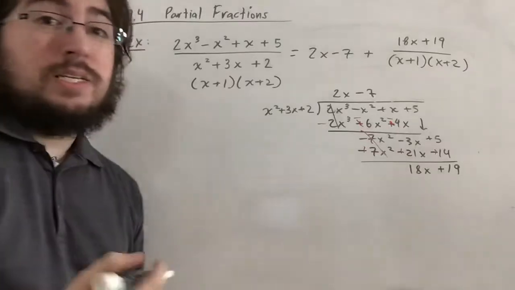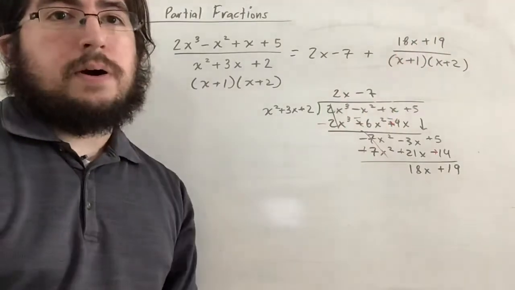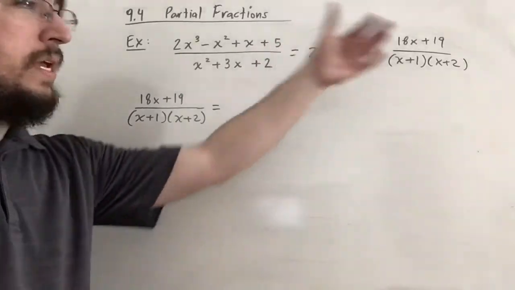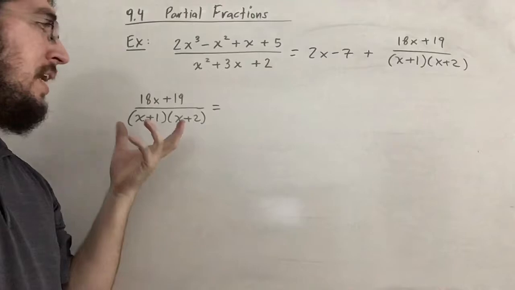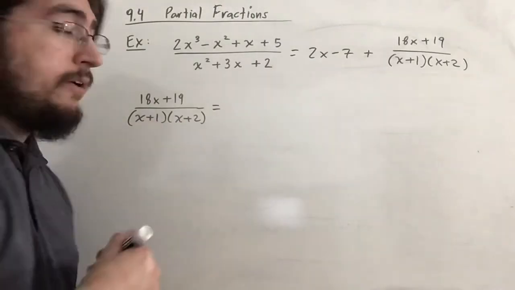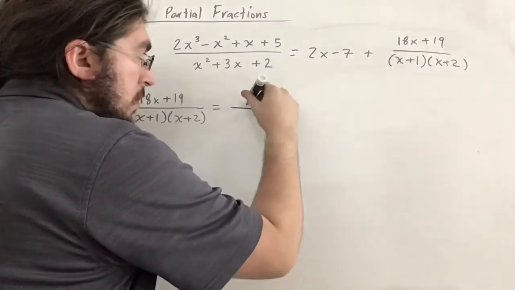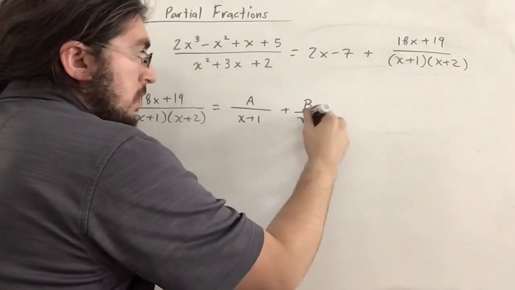So now we're going to use our partial fraction decomposition methods on the fraction part. Notice that we left off with this fraction, and since the denominator factors into two distinct linear factors, we can decompose it as a over x plus 1 plus b over x plus 2.